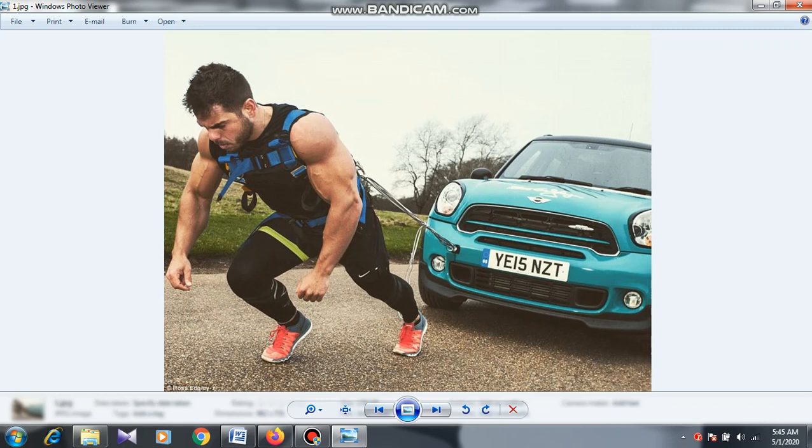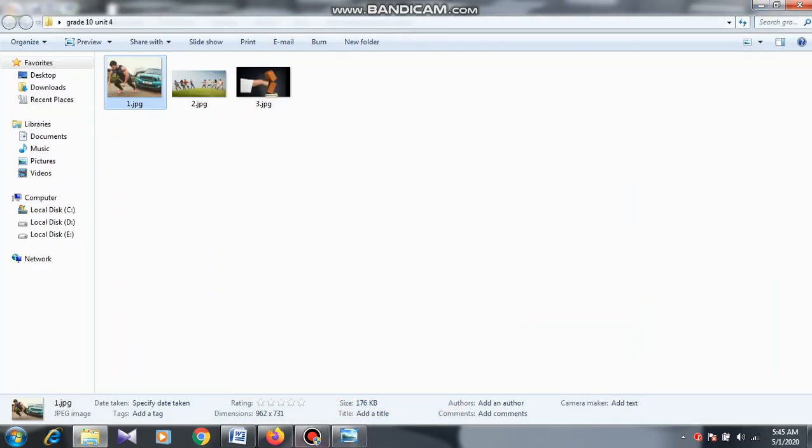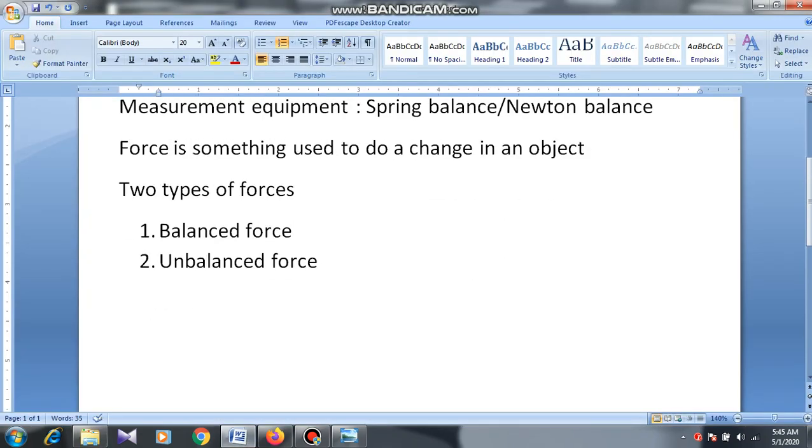When you apply the force, if the car doesn't show any change, then it is a balanced force. So what you can understand is, balanced force will not bring any change in the object.